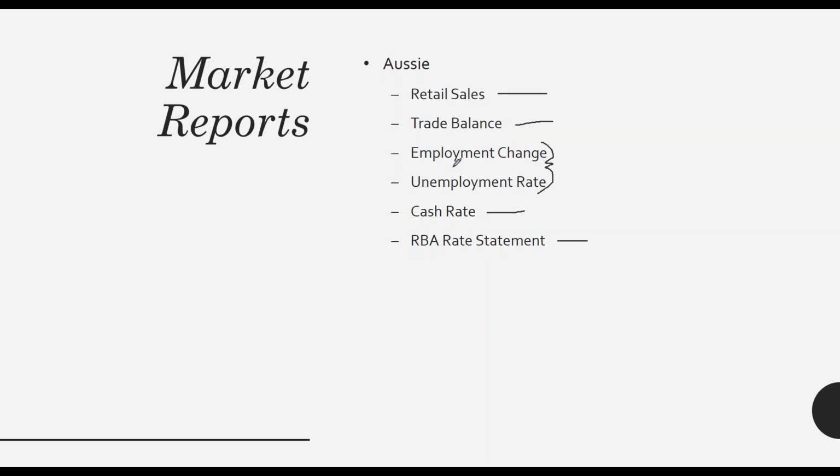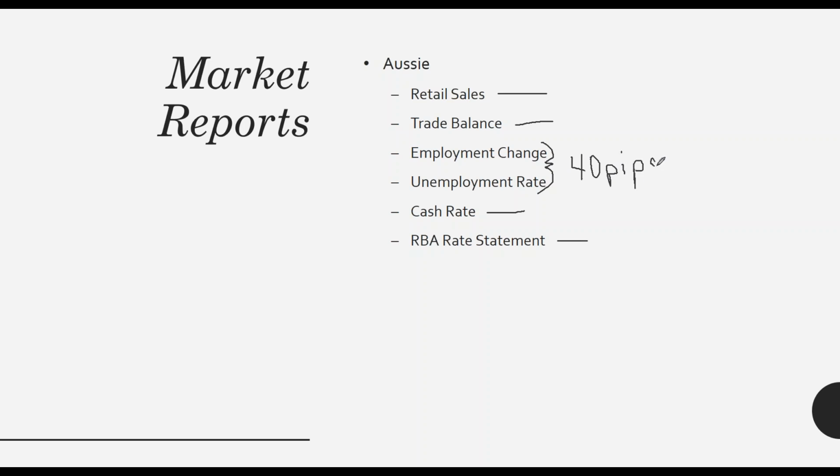Now, I already know from my previous experience the employment change and unemployment rate historically on the Aussie will move the Aussie US dollar 40 pips. And this is where knowing your strike widths comes into play, okay?